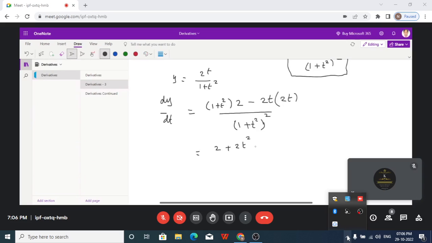Two plus 2t square minus 4t square. Two into 1 minus t square.